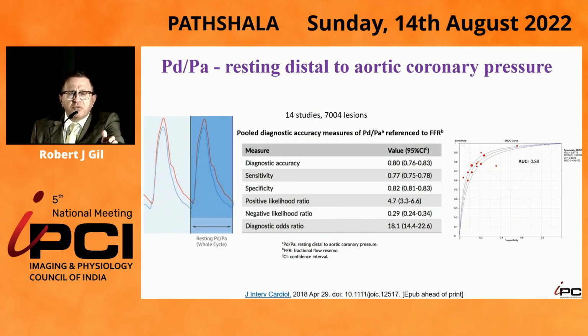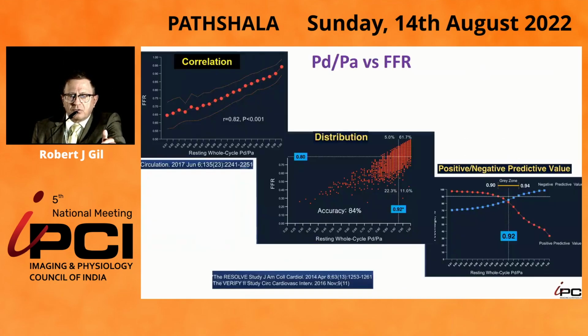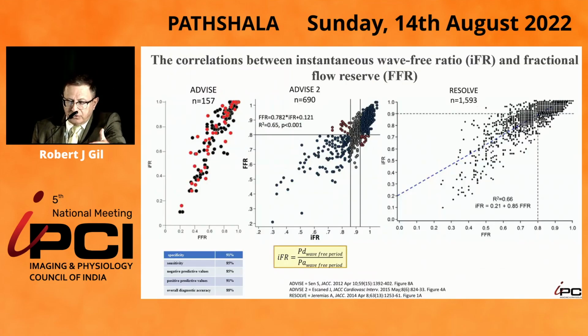First, we slightly underestimate Pd/Pa as, let's say, a parameter. It's very well validated also with FFR. Here you can appreciate correlations, distribution, and how this predictive value of 0.92 was assessed.